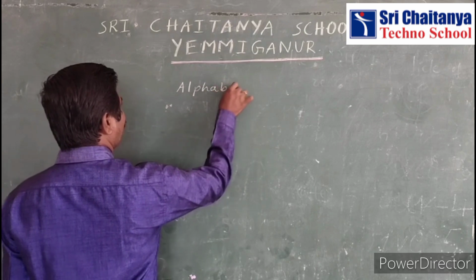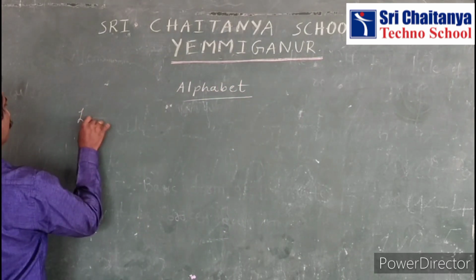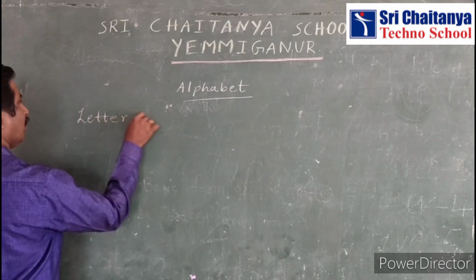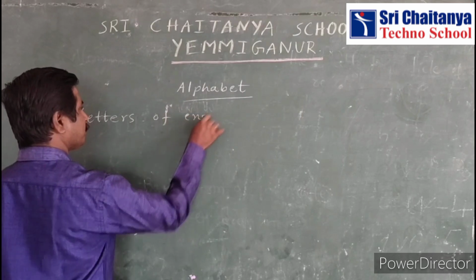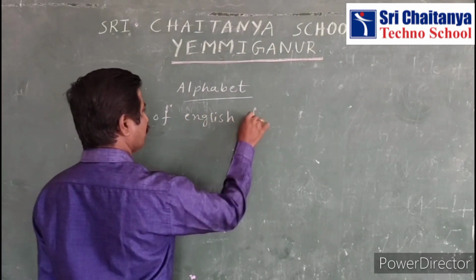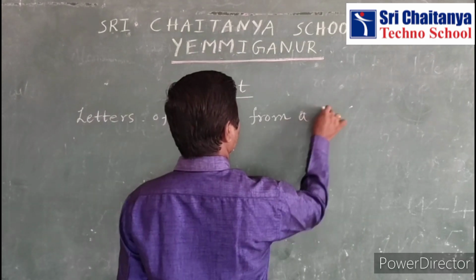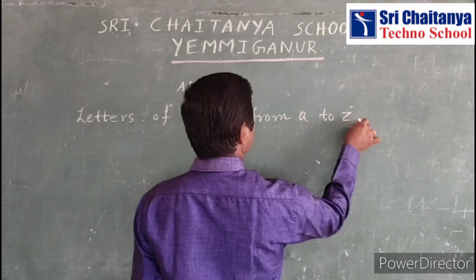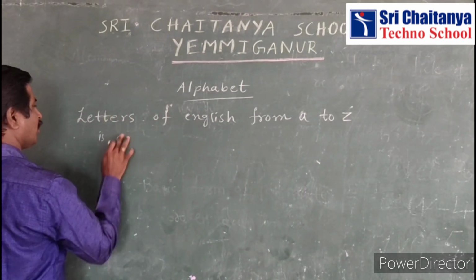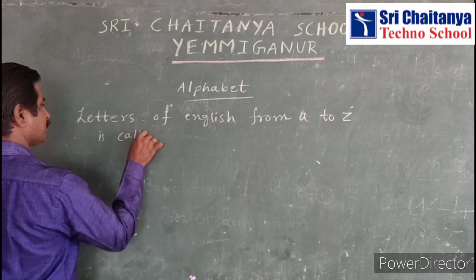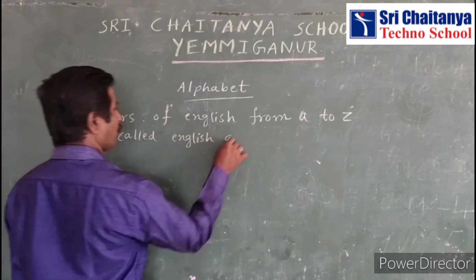The letters of English, from A to Z, are called the English alphabet.